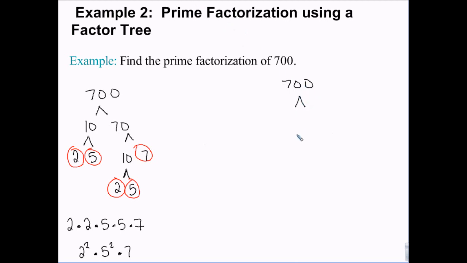Ones aren't very useful. You could do 7. I can do 5 times 140. You know how I knew that really fast in my head? 10 is 2 times 5, so I took the 5 out and then put the 2 over here.